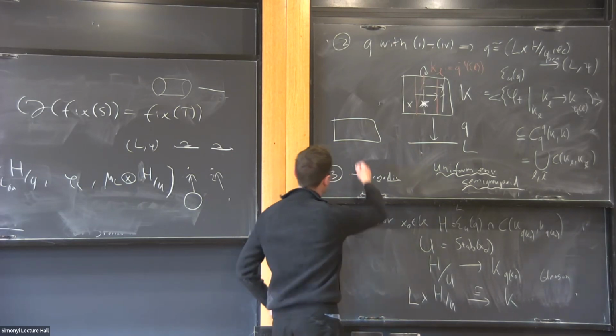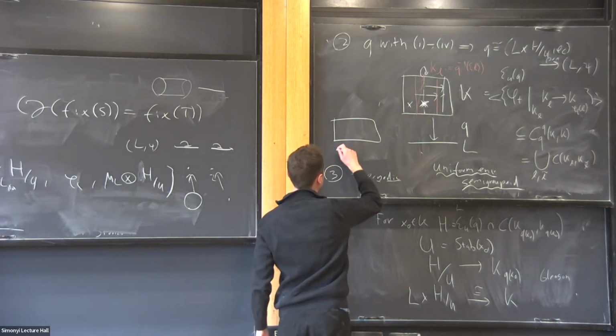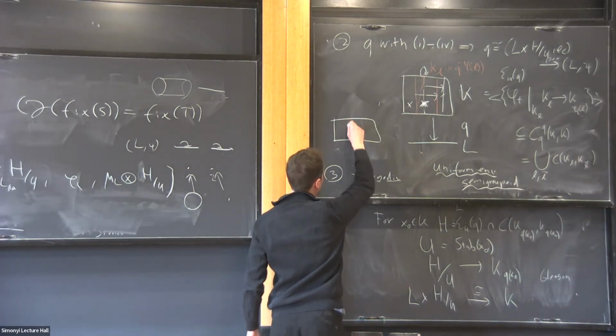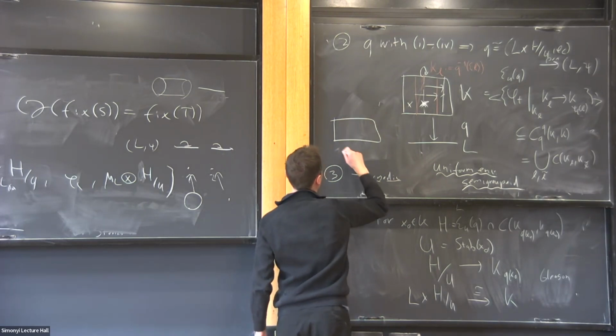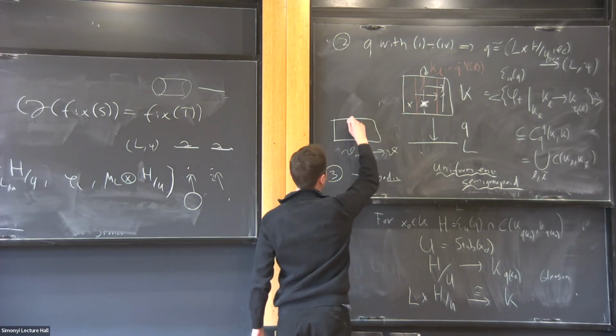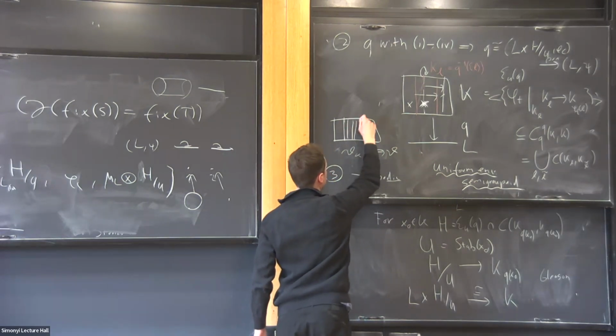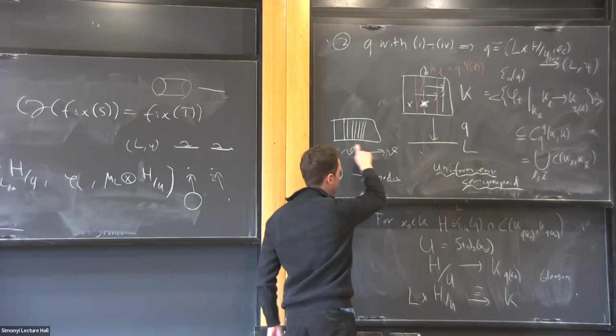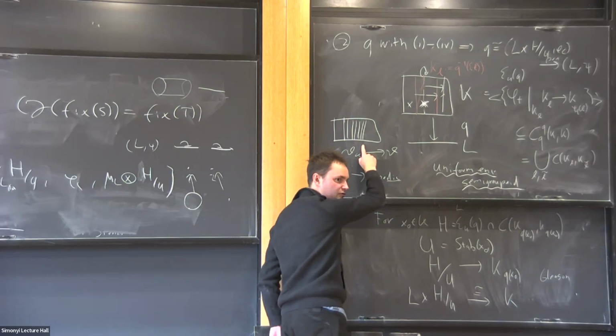So basically the convergence is given by the following. If I have a net of maps converging to some other map, then these are defined on some fibers, and of course the base points of the fibers should converge.